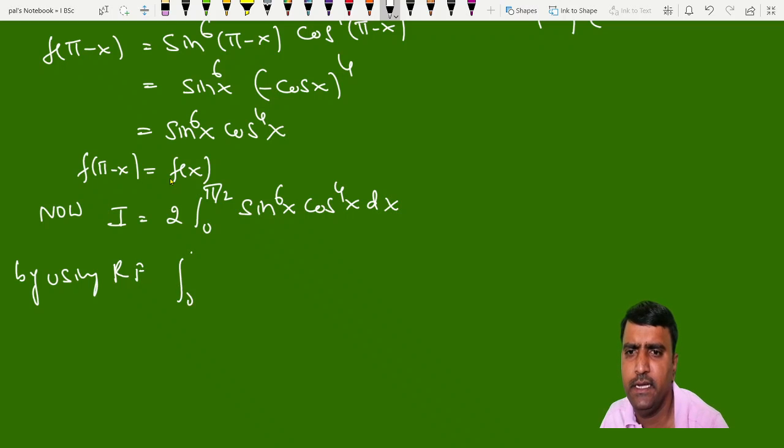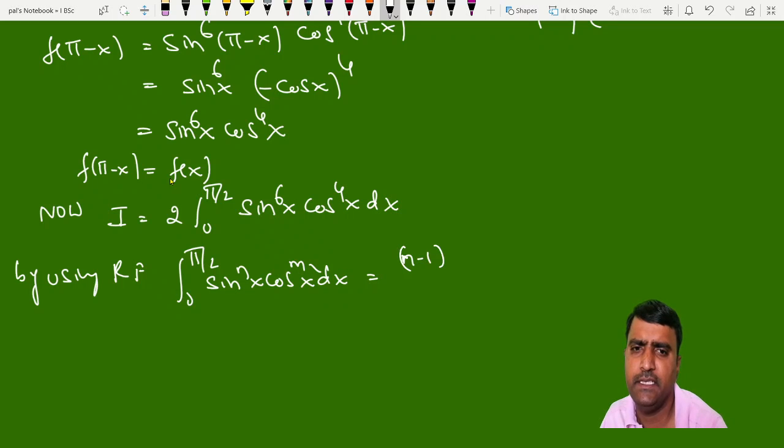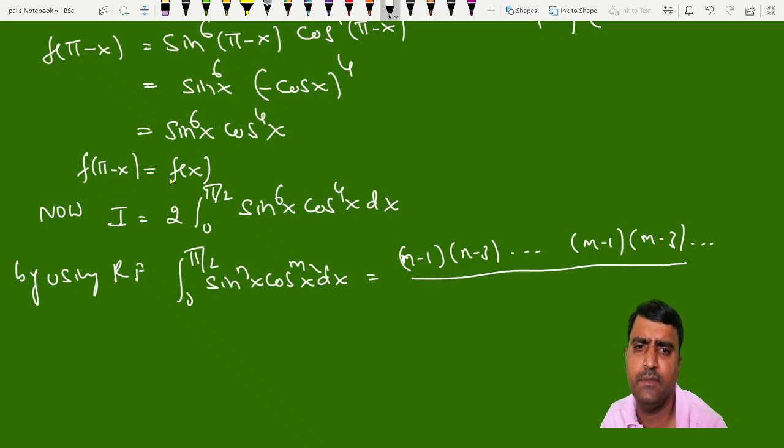integration from 0 to pi by 2 of sin to the power nx into cos to the power mx dx can be written as (n minus 1) into (n minus 3) and so on, (m minus 1) into (m minus 3) and so on, in the denominator (m plus n) into (m plus n minus 2) and so on.